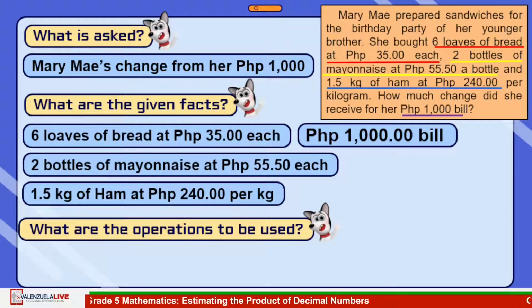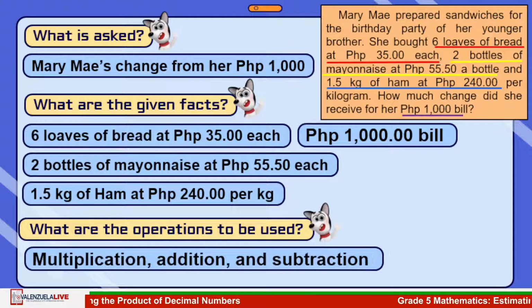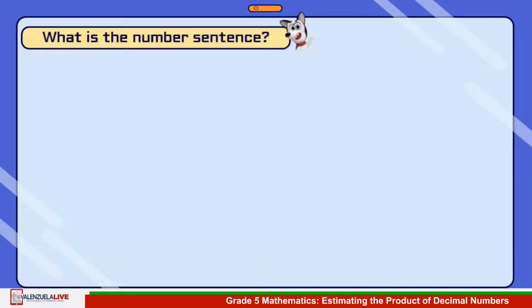Now, what are the operations to be used? Good job, grade 5. We have multiplication, addition, and subtraction. How about what is the number sentence? Can you formulate an equation using the given facts in our problem?